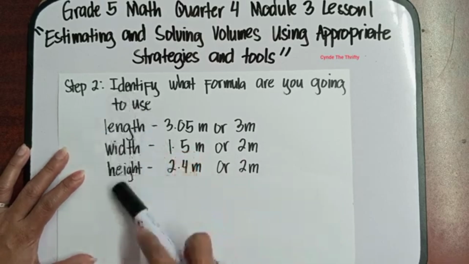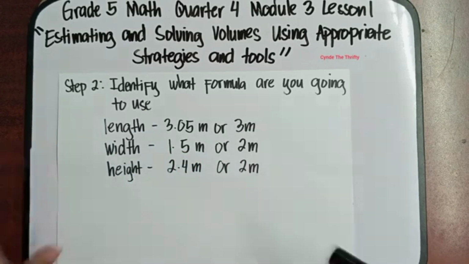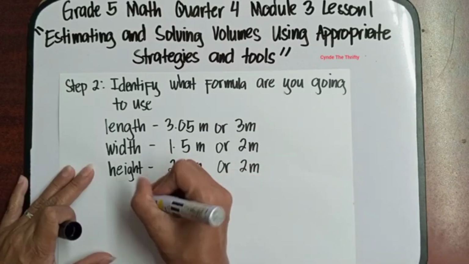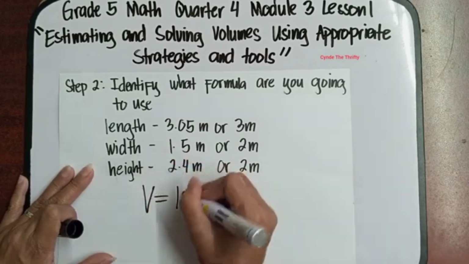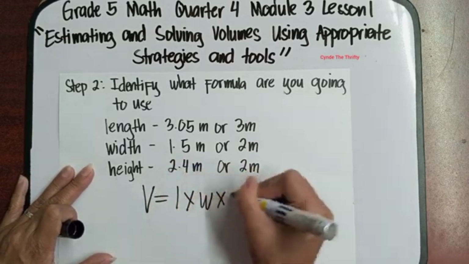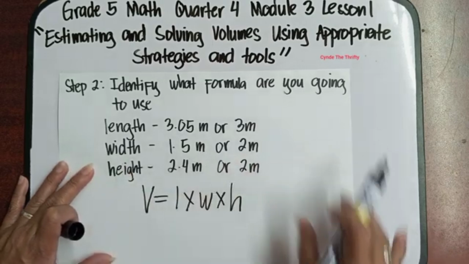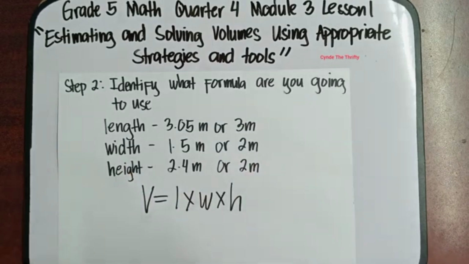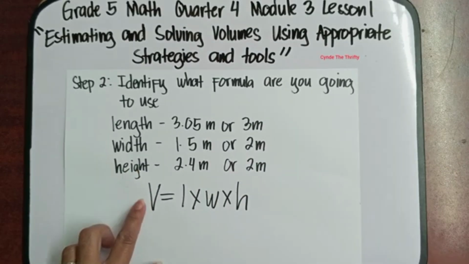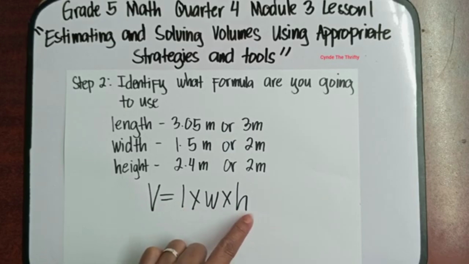So, base sa ating given, ano yung formula na gagamitin natin? Ang formula na gagamitin natin is volume is equal to length times width times height. Kasi meron tayong length and width and height. So, ito yung ating formula.